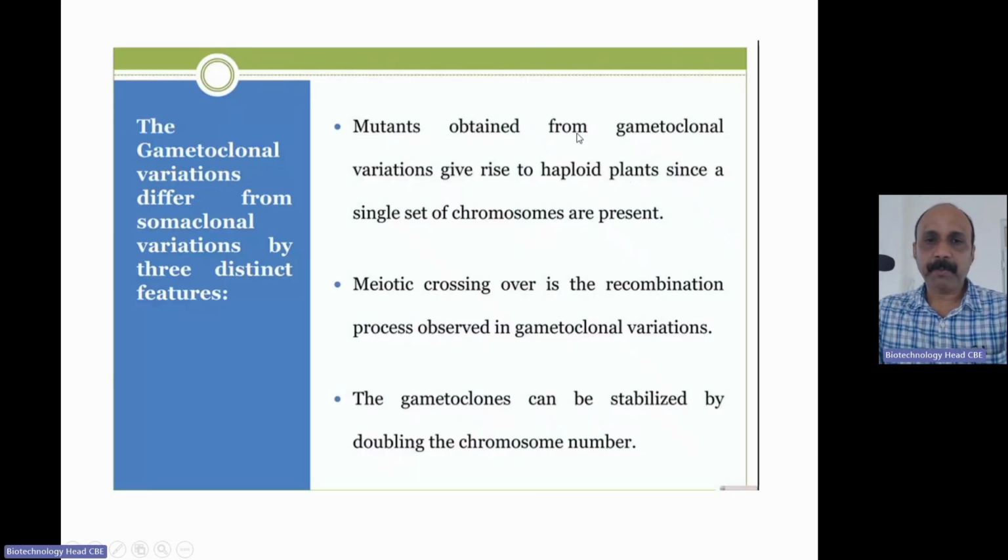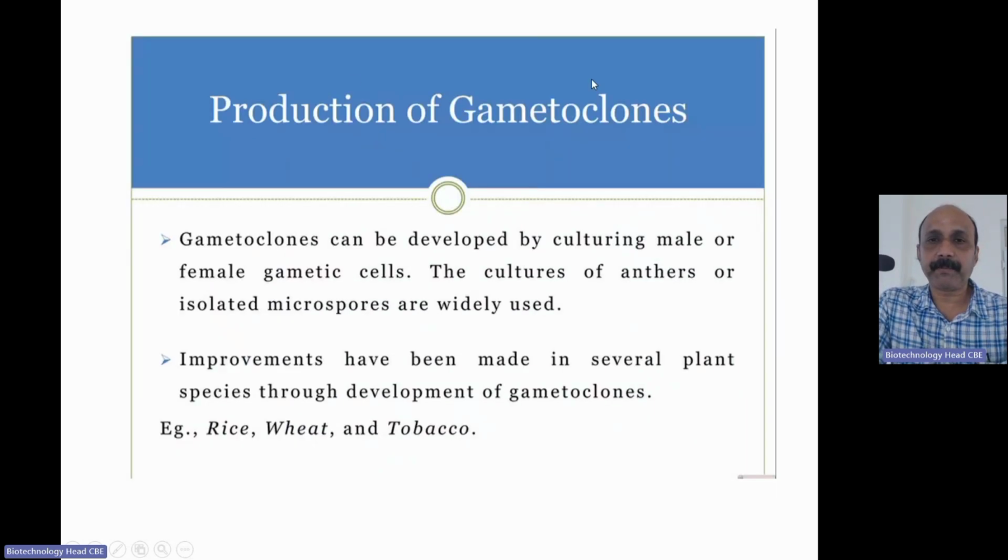Coming to the same with gametes, it will be gametoclonal variation, which gives rise to haploid plantlets, and meiotic crossing over can happen in the gametoclones. The characters introduced here can be stabilized by doubling the chromosome number, and we get a doubled haploid with the desired characters.